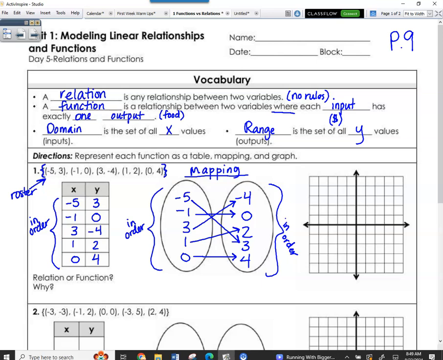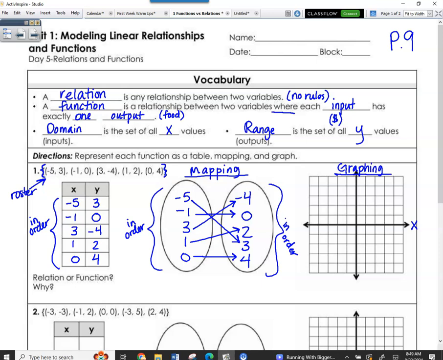All right, now what we're going to do is represent that set on a graph. These are just coordinate points, so here's a good refresher of how to plot coordinate points. If you recall, this is called the coordinate plane. It is showing you a grid where you've got your horizontal axis, which is the X values.